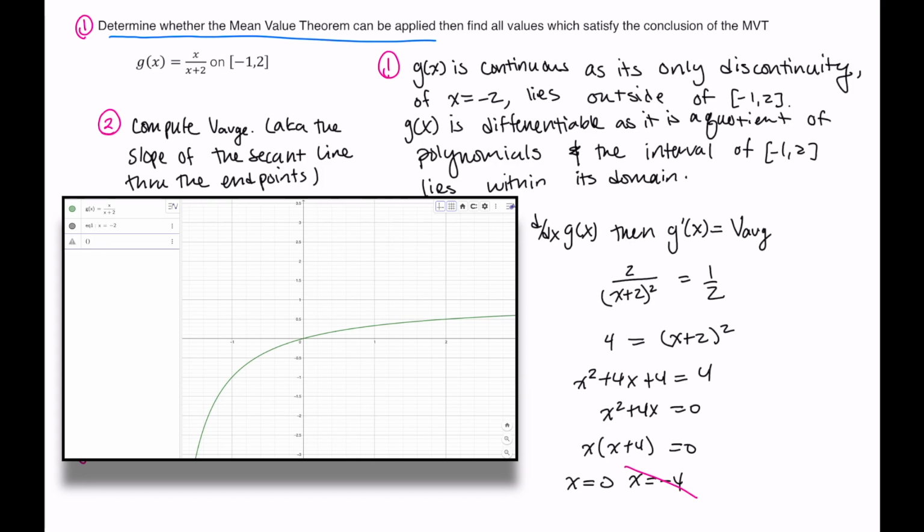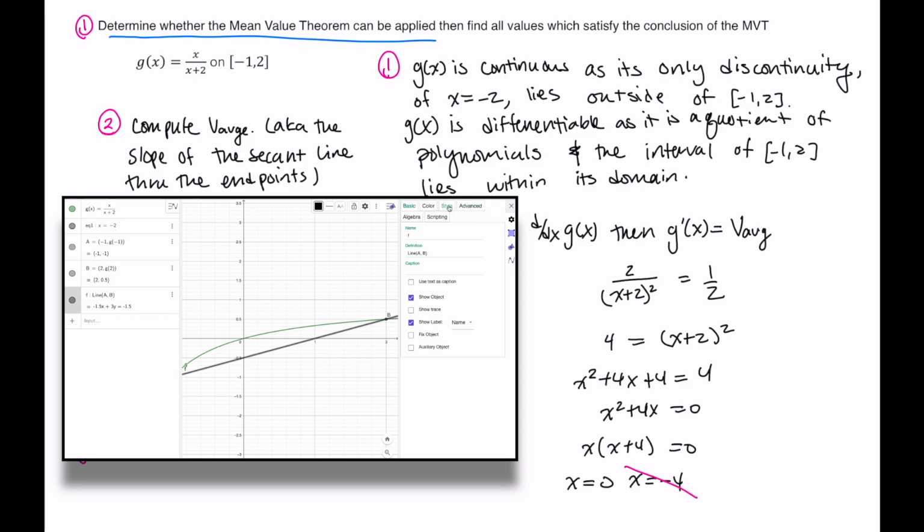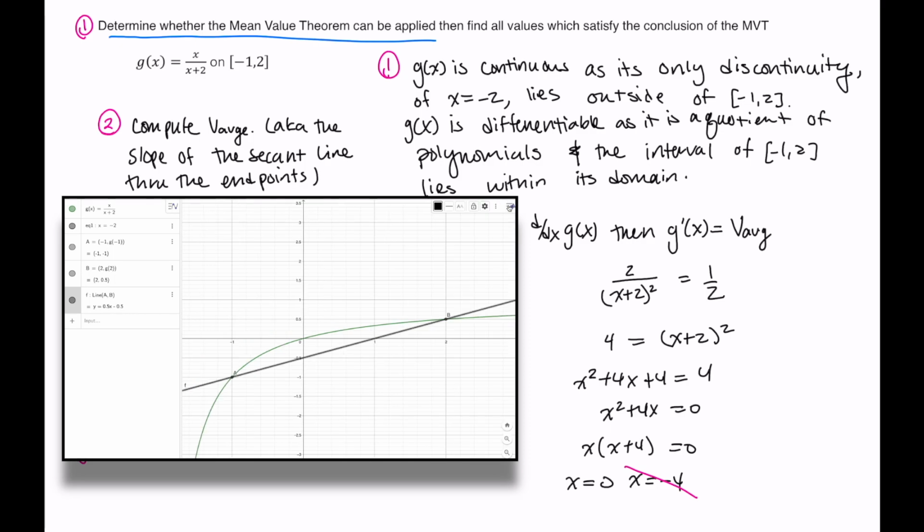Let's add our endpoints of -1, g of -1, and our other endpoint of 2, comma, g of 2. The secant line between them, we can graph that. And it definitely has a slope of 1/2. An easier way to see it is to tap on it and go to settings, go to algebra, and change that to y equals mx plus b.